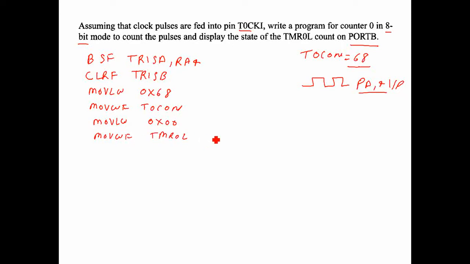You can also write directly without this, with the help of CLRF TMR0L. So either of these is good enough. You can try this, or you can go with this one. Once TMR0L is cleared, it's ready to take the counts.